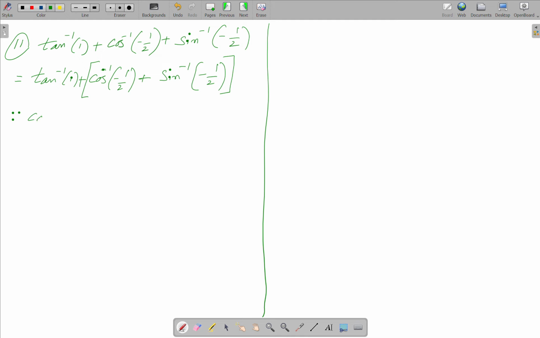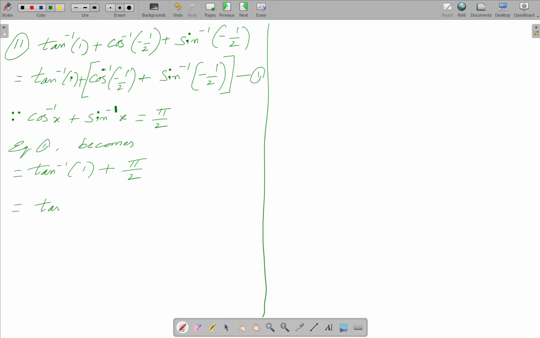We know that cos inverse x plus sin inverse x is equal to pi by 2. Then the above equation becomes tan inverse 1 plus pi by 2.